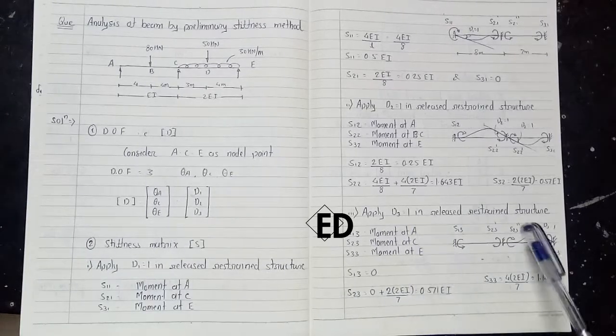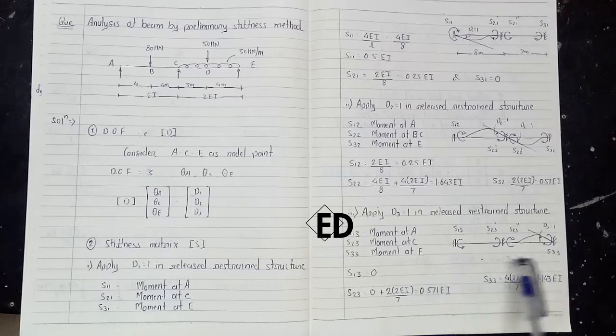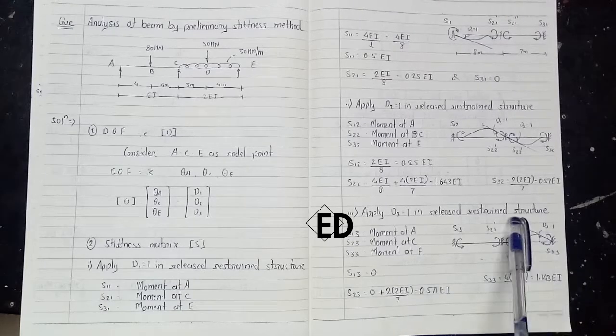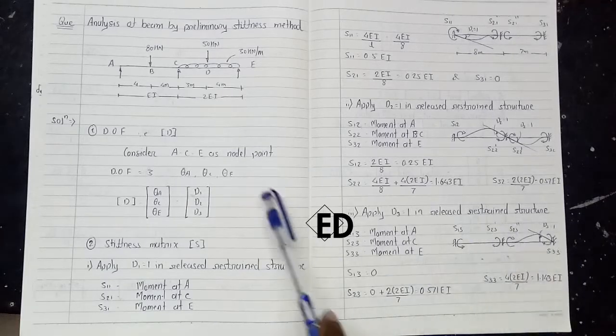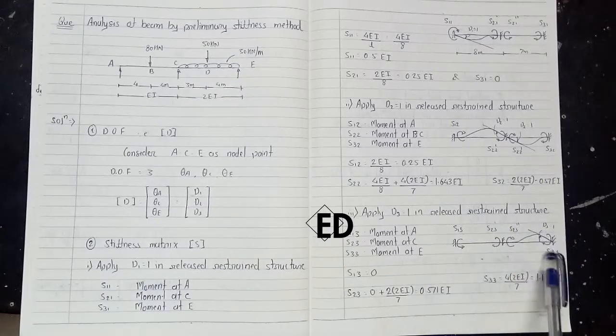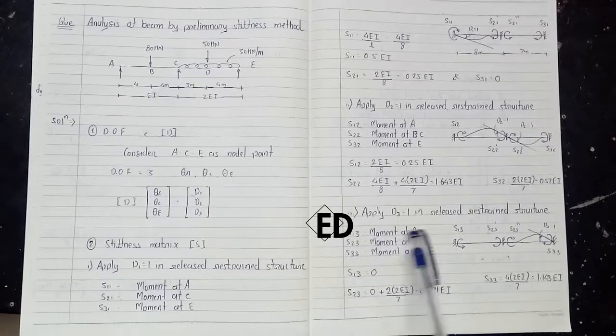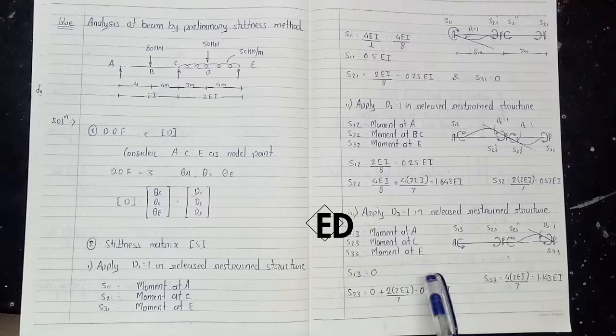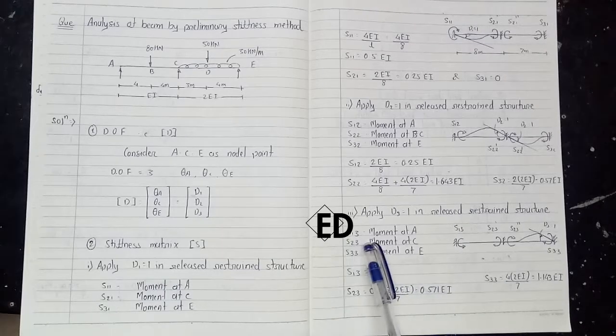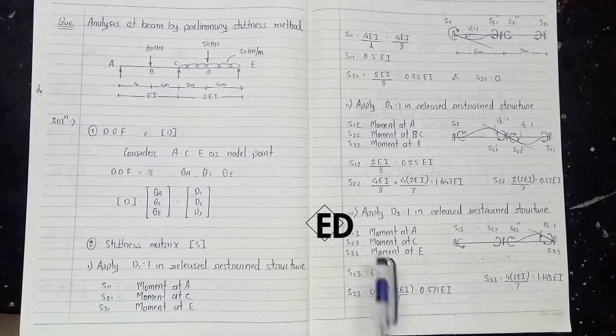For the third column, apply D3 equals 1, that is theta E equals 1, in the restrained structure. So this is nothing but the moments due to unit deflection. Here S13, S23, S33.